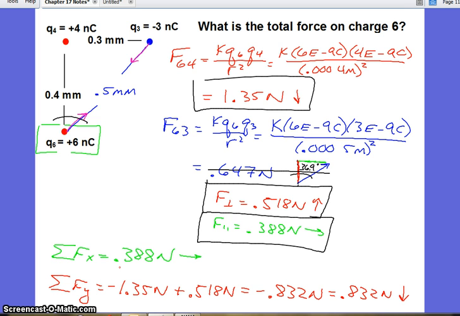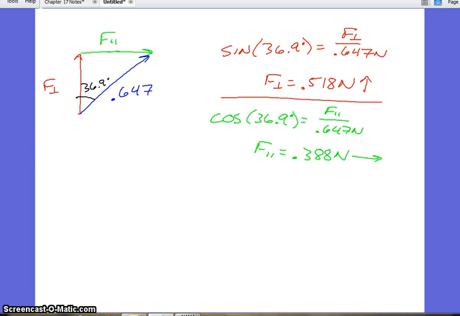Now that we have the total x and total y, we're going to redraw this right triangle. We have that it is 0.388 newtons to the right. And we have that it is 0.832 newtons down. And we want to find the hypotenuse, which is the overall force on charge 6, as well as that angle.